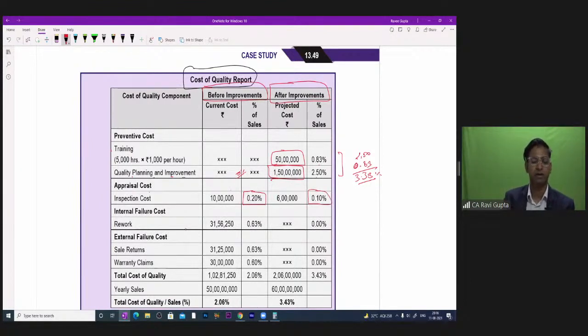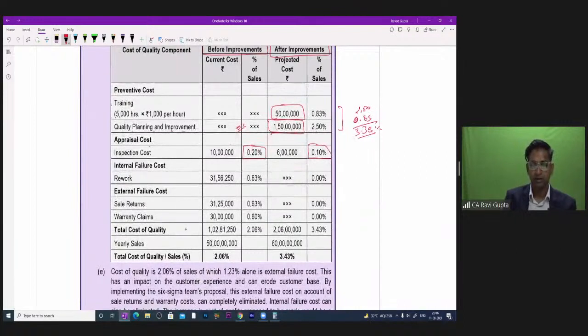Also your failure cost will get reduced. Internal failure cost: previously it was 31 lakh 56,250. It's 0.63%. Now it will be 0. External failure cost, sales return, warranty claims: it was 0.6%, now 0.